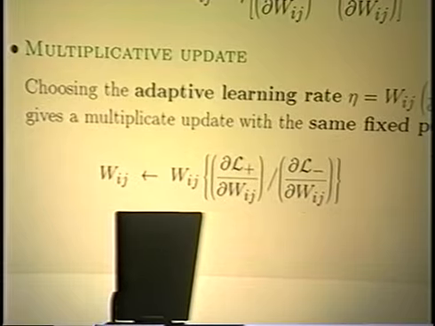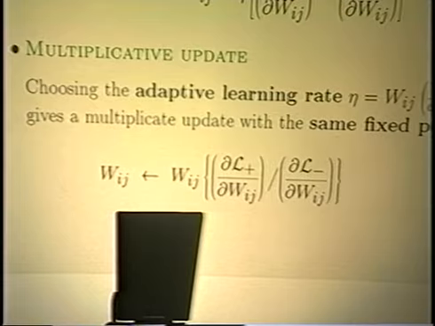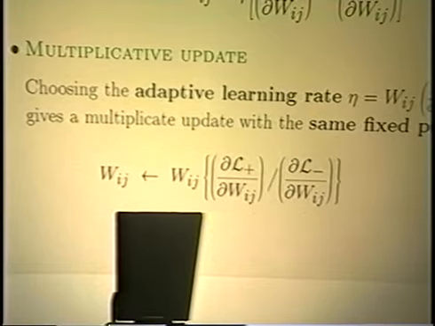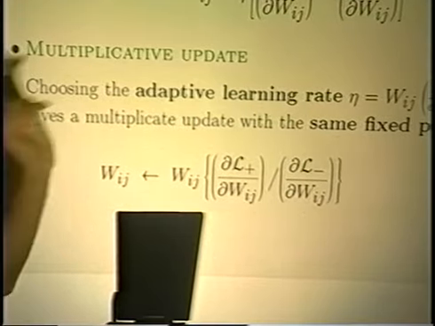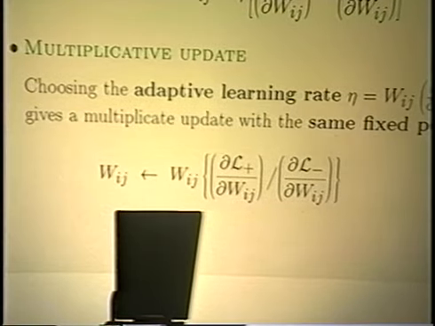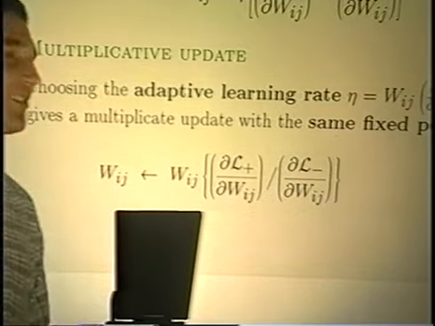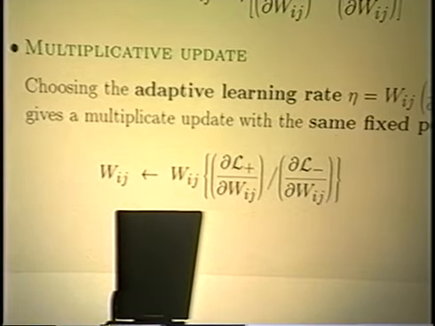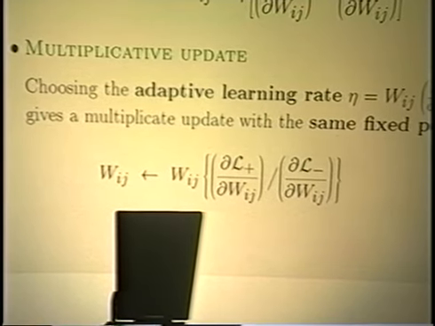Why this learning rate? I don't have a good answer. It's fairly intuitive why you'd want things to scale with the size of the weight: as you get smaller, you take smaller steps. Why you want this other factor is a little mysterious, but it works out to give the same update rule.